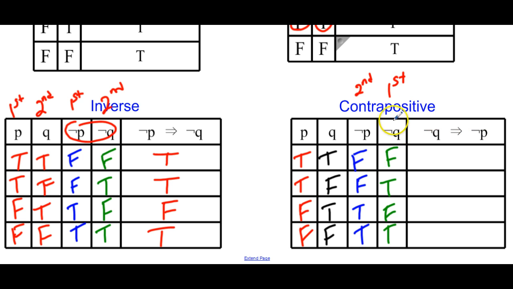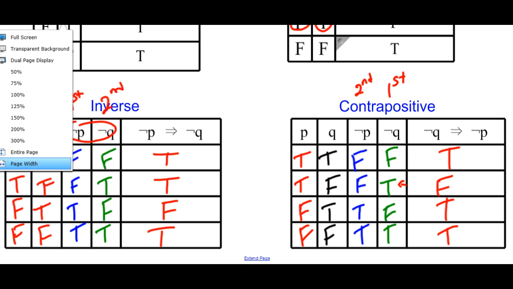So we're looking at this column first, and then this column second, right? Always going to be true except for when the first column is true and the second column is false. So this is the only one that has the first column true, the second column false. So this is going to be false. Everything else is going to be true. All right? So now you're probably like, how does it make it equivalent?